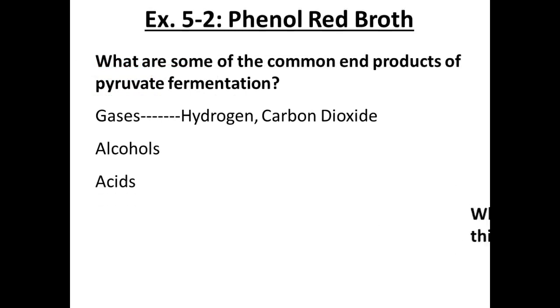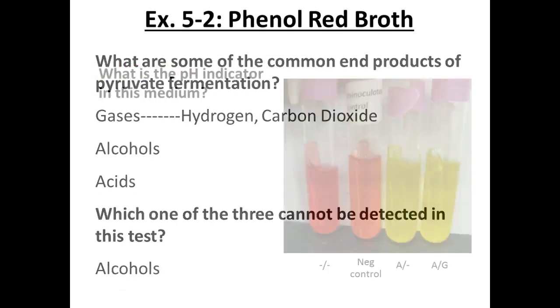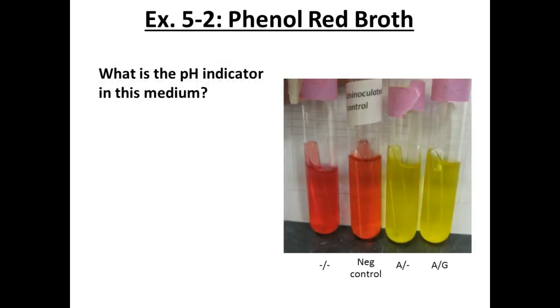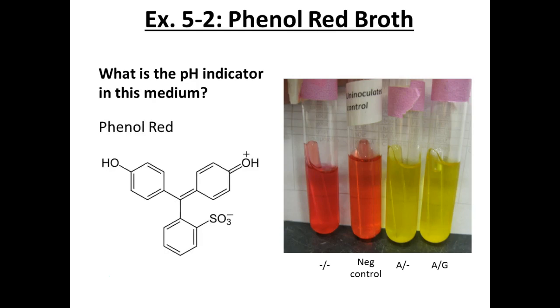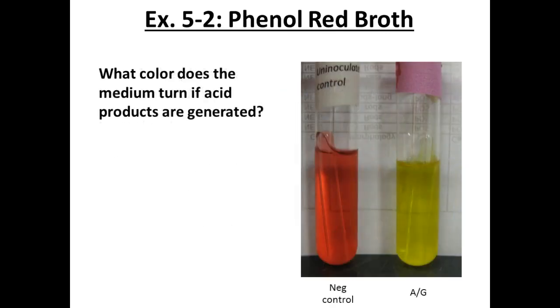Which test allows us to test for 2,3-butanol? VP. Okay. So what's the pH indicator in this media? It's the name of this media. It's what? Phenol red. What color does the media turn if acid products are generated?